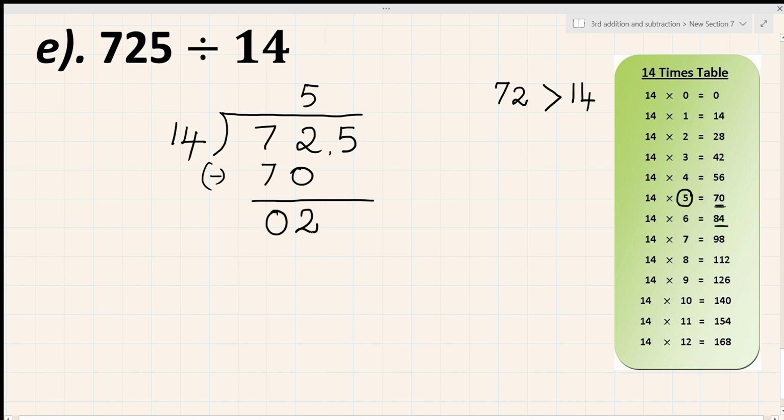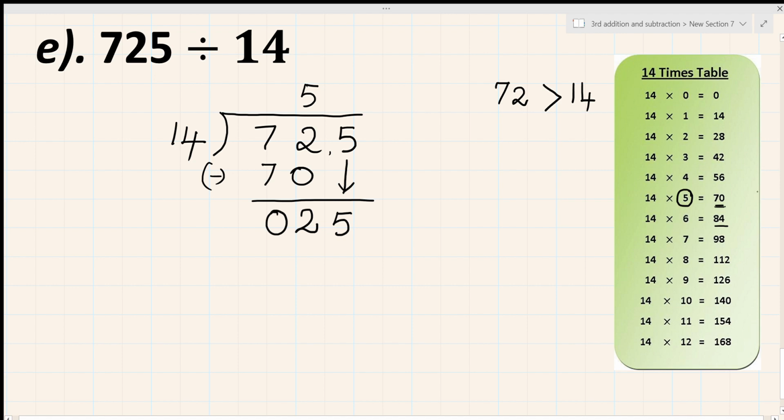So now we have 2, which is smaller than the divisor. So we are going to take down the next digit. The next digit is 5. Now we have 25. So check in the 14th table whether you have 25. No. The second time we have only 28. 28 is greater than 25.